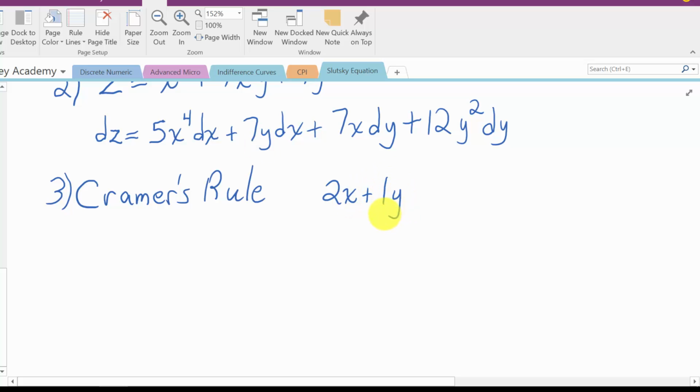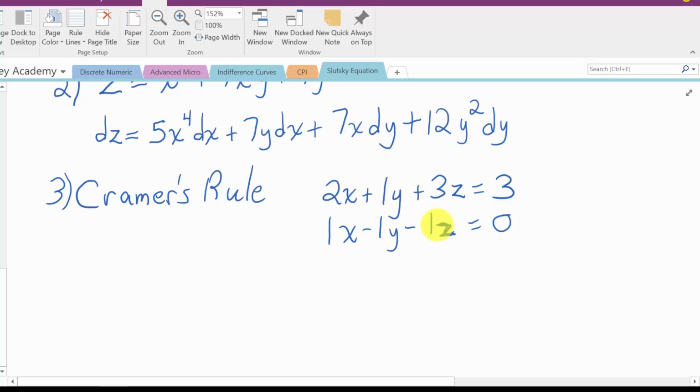And I'm writing the 1y on purpose so that we can visualize what's going to happen to that 1, plus 3z equals 3. That's our first equation. We're going to have 3 equations and 3 unknowns here. 1x minus 1y minus 1z equals, let's say, 0.